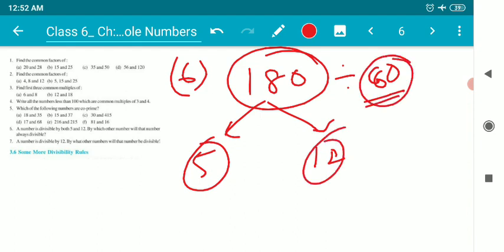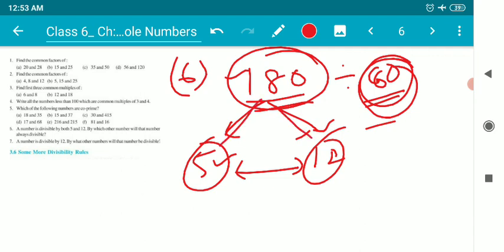So when factors divide a number, the product of those factors will also divide that number. It's a rule of division. So when 180 is divisible by 5 and 12 both, it will also be divisible by 60. I believe it's clear to everyone.